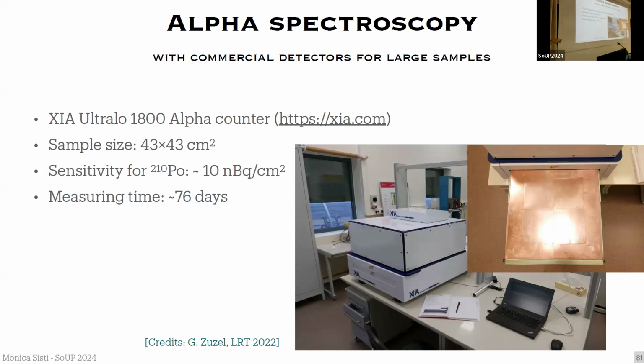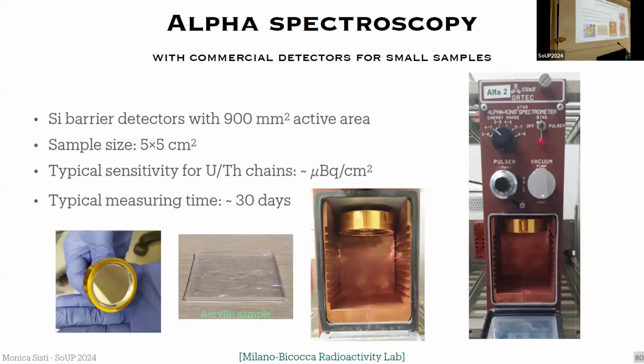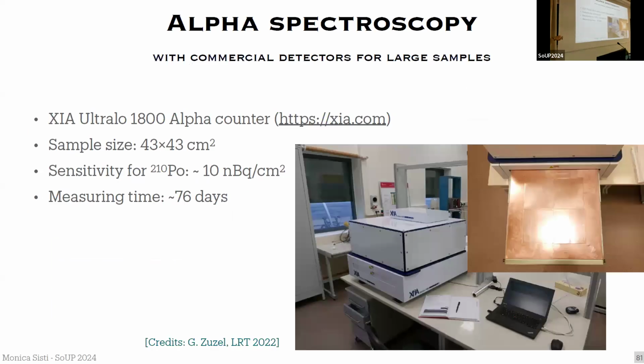And for the sensitivity, you reach microbecquerel, and this is also a surface laboratory, so without too much work on it, you can reach tens of nanobecquerels per square centimeter if the measurement is properly done. And with bigger samples, which is also quite important.